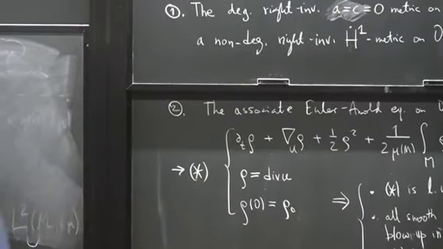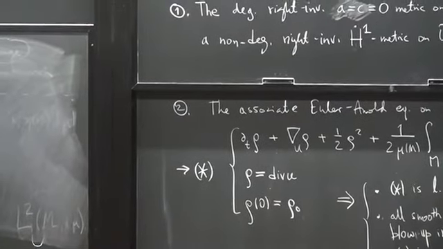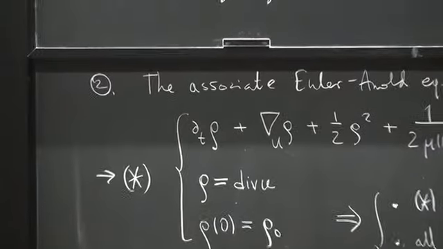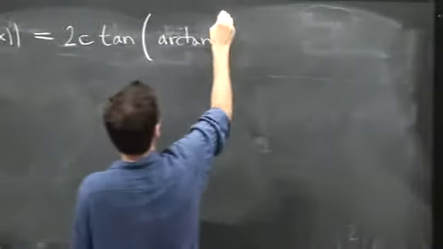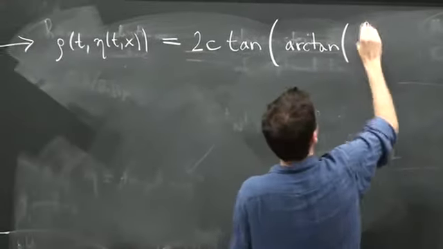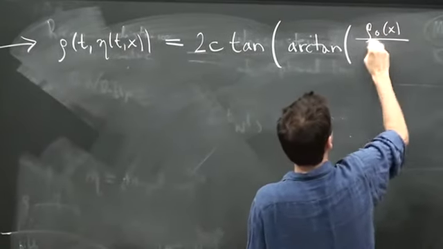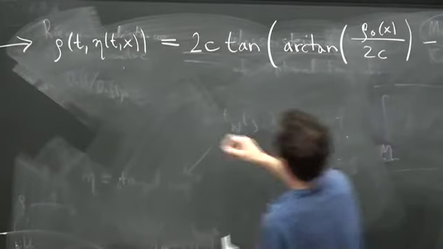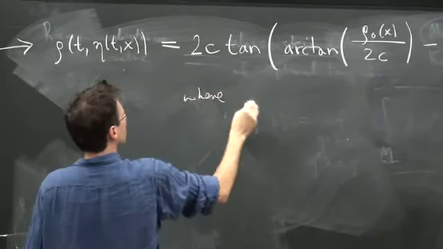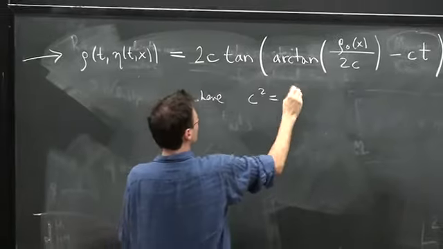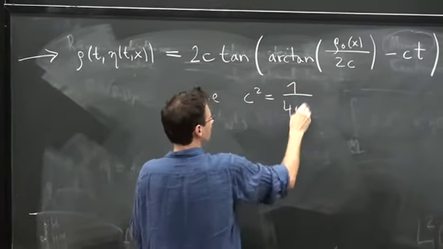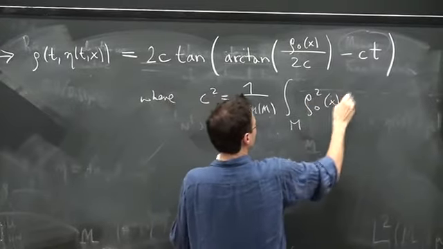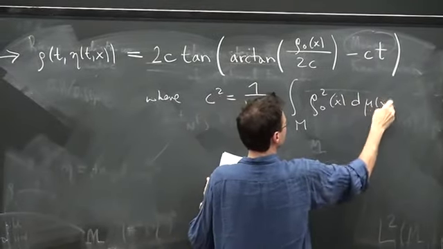This is 2c, c is a constant, times tangent of arctan of rho 0 of x, the initial condition, divided by 2c minus c times t, where c is a constant, which is explicit, and it depends only on the initial datum. So this is the integral of rho 0 squared of x d mu of x.